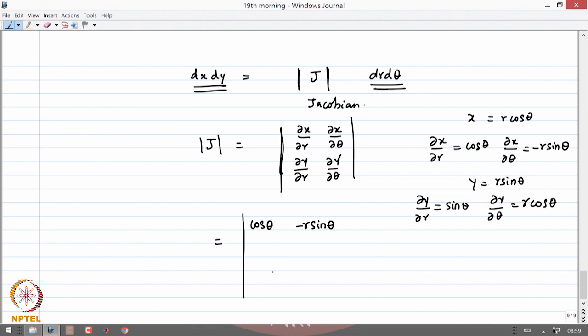And y is equal to r sin theta, so dou y by dou r is sin theta and dou y by dou theta is r cos theta. Substituting these values into the Jacobian determinant gives r cos square theta plus r sin square theta, and therefore it gives r dr d theta.